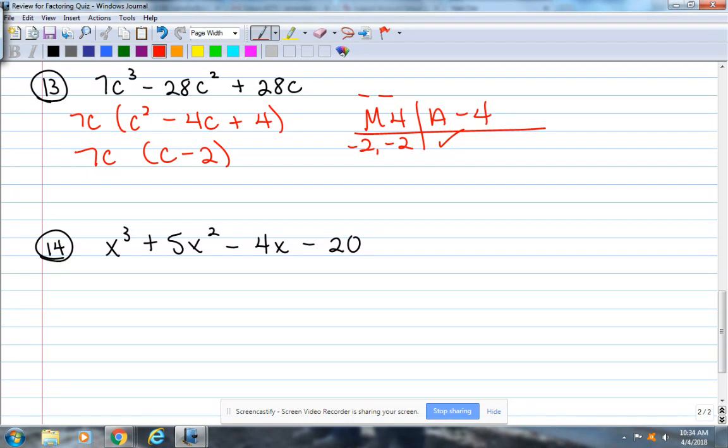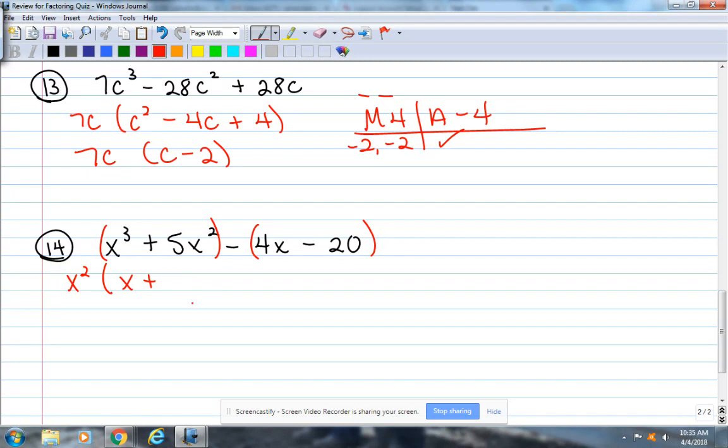Is there a GCF besides 1 here? Nope. So what do we do? We're being given 4 terms, so we always do factor by grouping. So group the first 2, group the last 2. What is our GCF in the first group? 5x squared? Or 1x squared. Just x squared. Okay, good. What times x squared is x to the third?